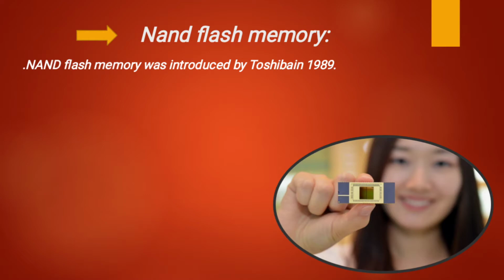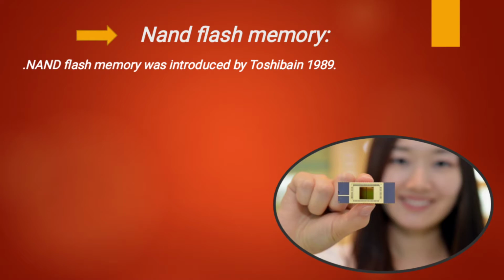But in this NAND flash memory, there is a long storage capacity, and they cannot be damaged by any physical accident, and they are not affected by any electrical and magnetic fields. That's why we replace hard disks with NAND flash memory storage devices.